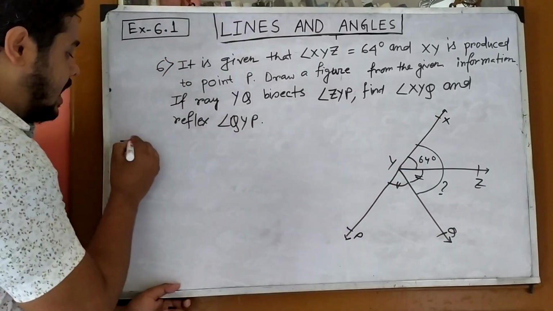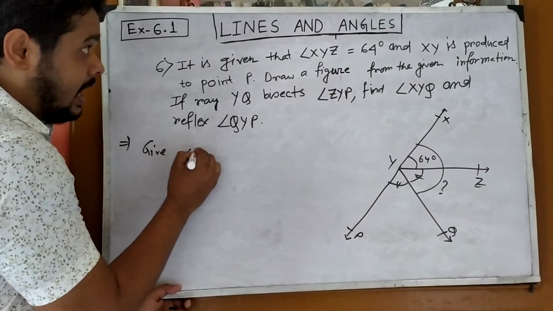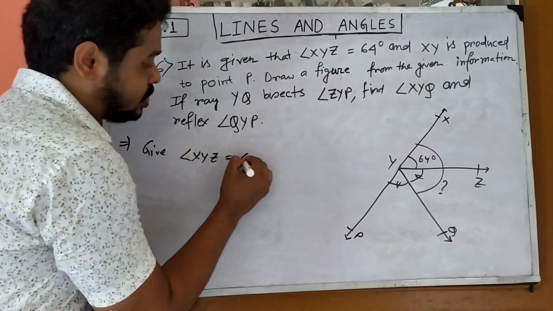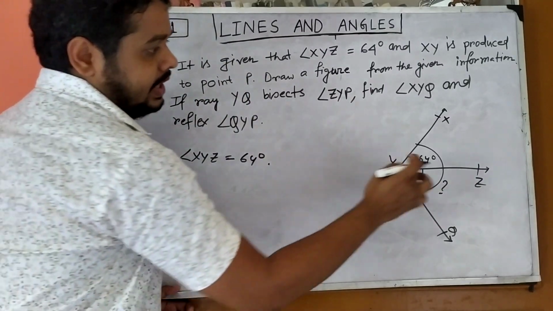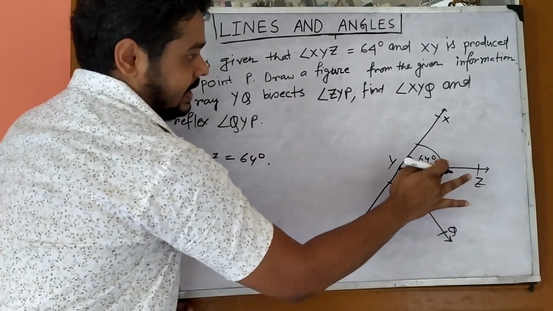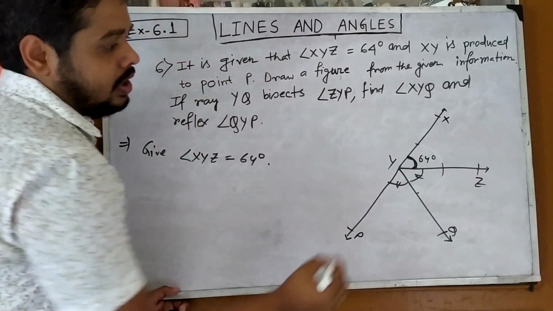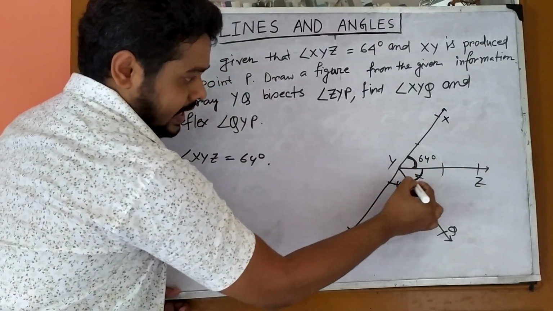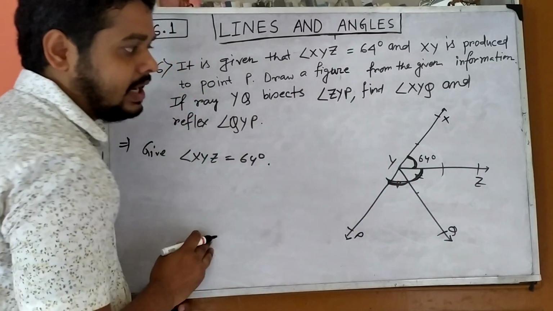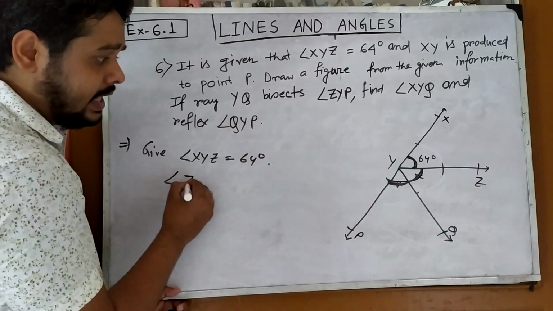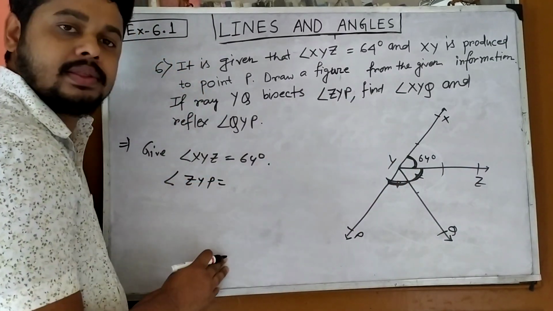Now given angle XYZ equals 64 degree. If this angle is 64 degree, what will be the total angle ZYP?